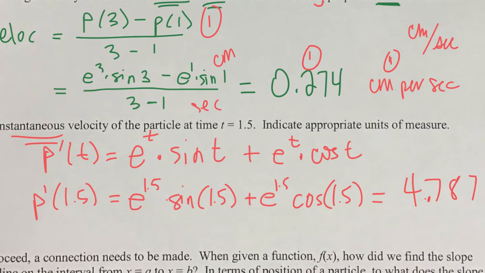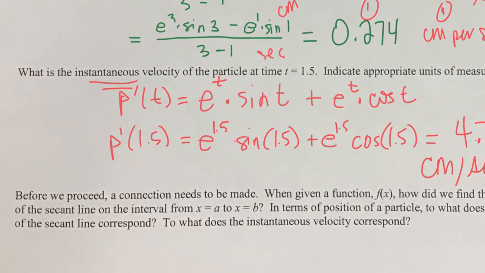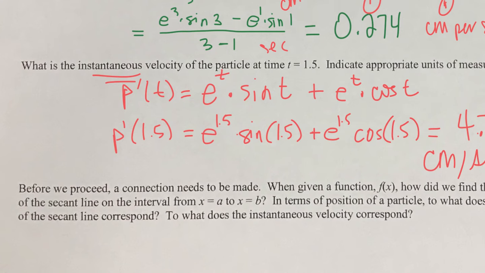Rounding to 3 decimals, that's 4.787. But what are our units? This is velocity, so our units are centimeters per second. So the connections: if we're trying to find the secant line, then we're using the difference quotient or the average rate of change.